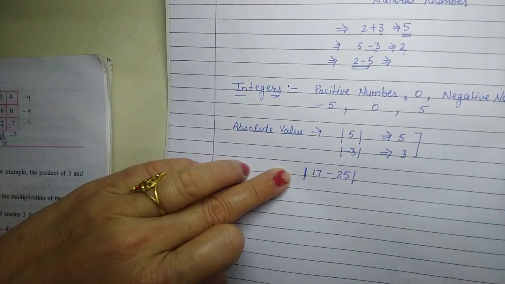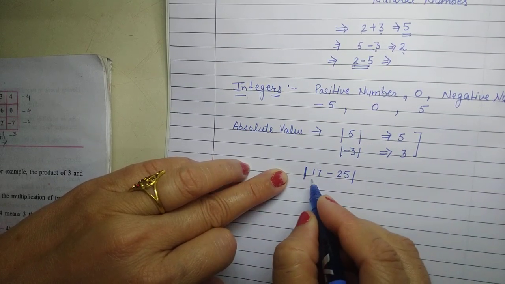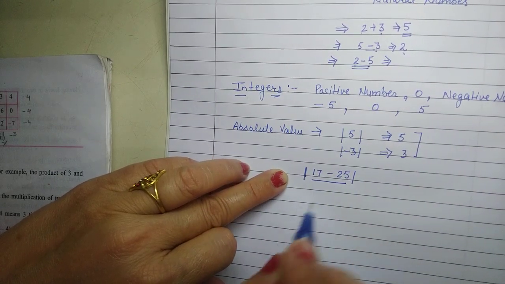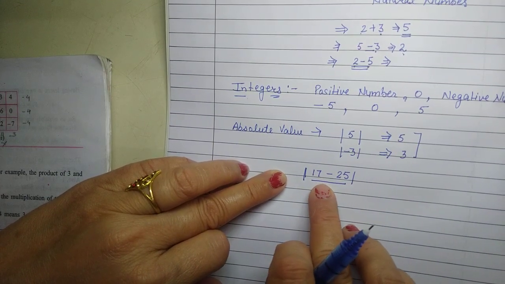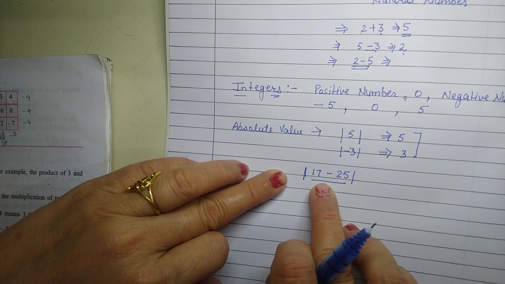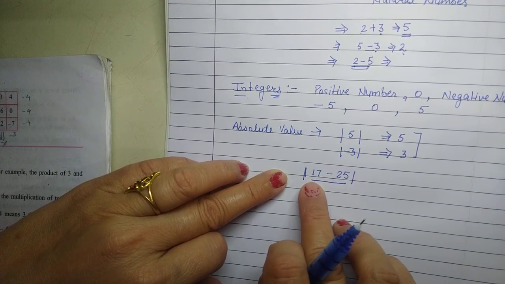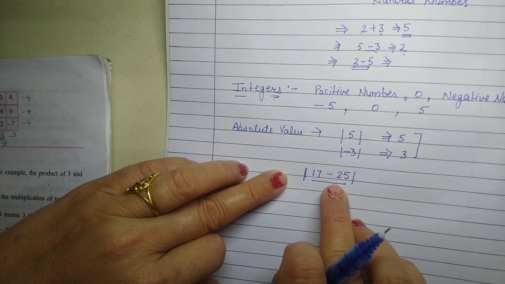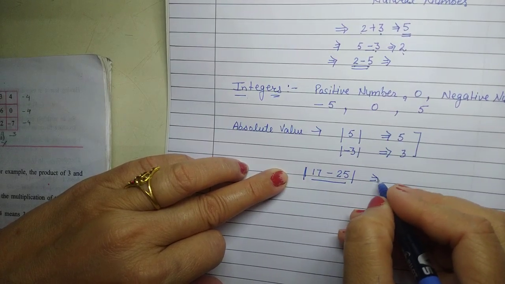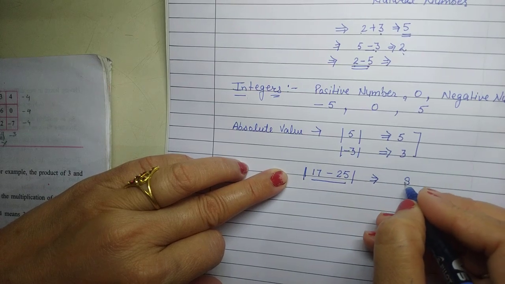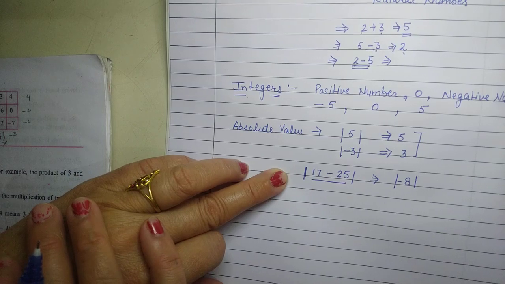So when we find the absolute value, first we solve whatever operation is given inside the absolute sign. So first we have to take the difference of 17 and 25. If 17 is subtracted from 25, we get the answer 8, and that is -8.